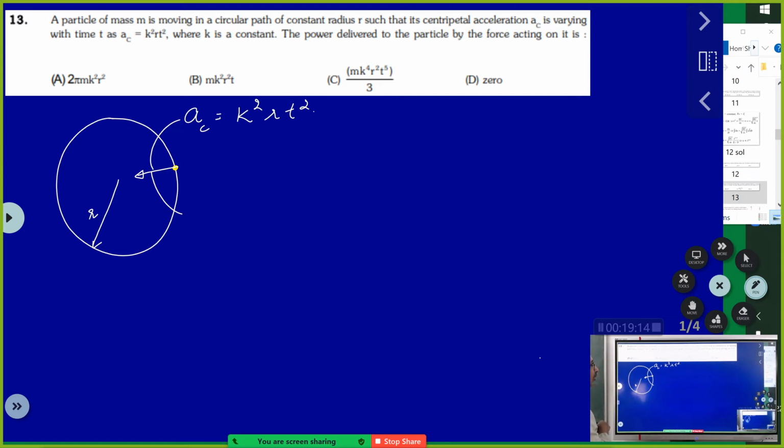Find the power delivered to the particle by the force acting on it. So centripetal acceleration is a function of time, and here you see the centripetal acceleration is increasing with time.